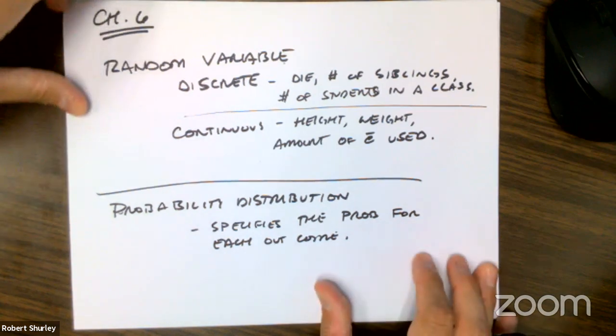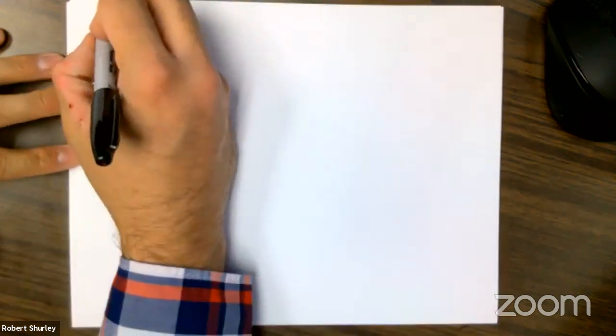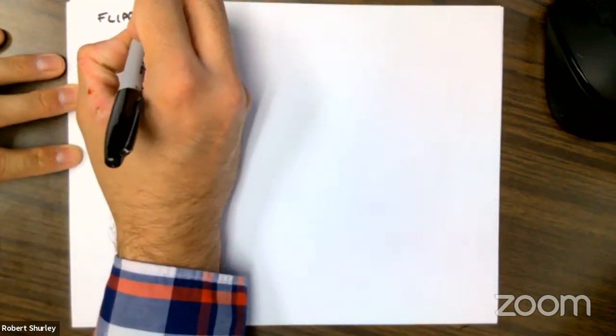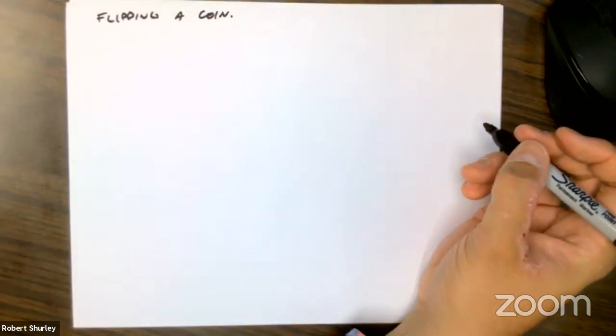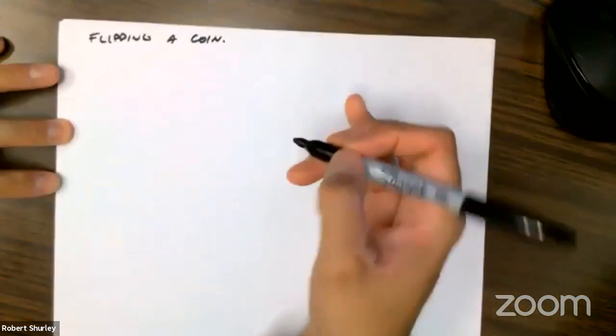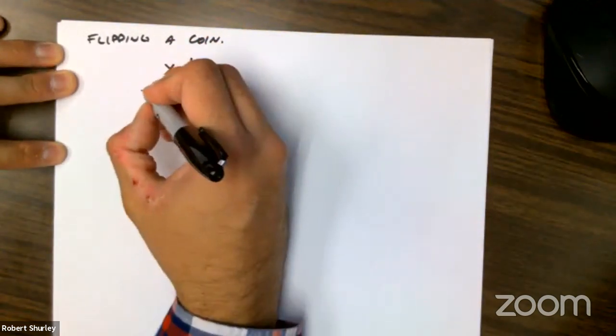So if we looked at something very, very basic, like flipping a coin, if I wanted the probability distribution of flipping a coin, it's written a very particular way.